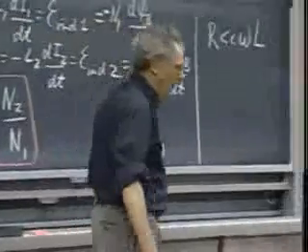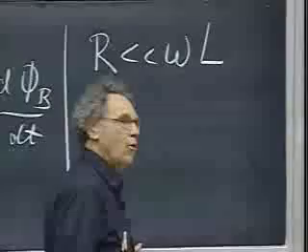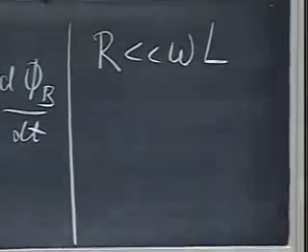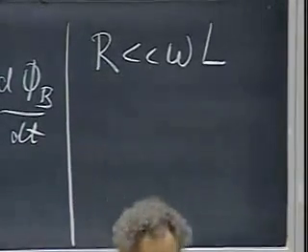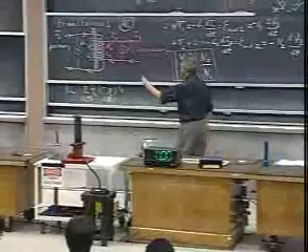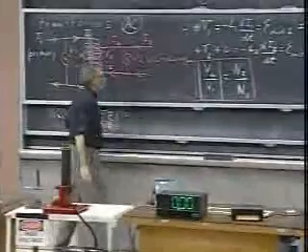But if all of that were the case, so if R is much, much less than omega L, and if there is no energy loss in eddy currents, and if there is perfect flux coupling, then you can show that whatever power is delivered on the primary side is going to be consumed on the secondary side.